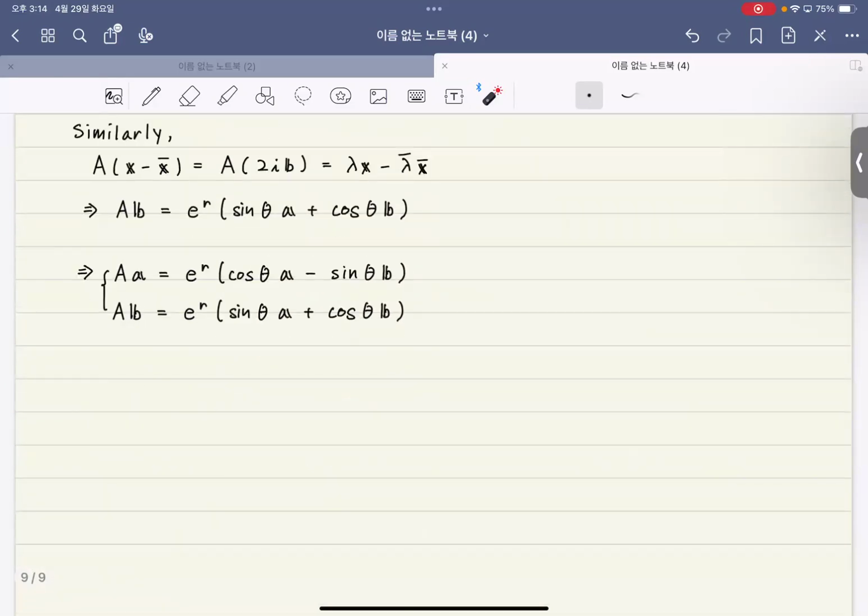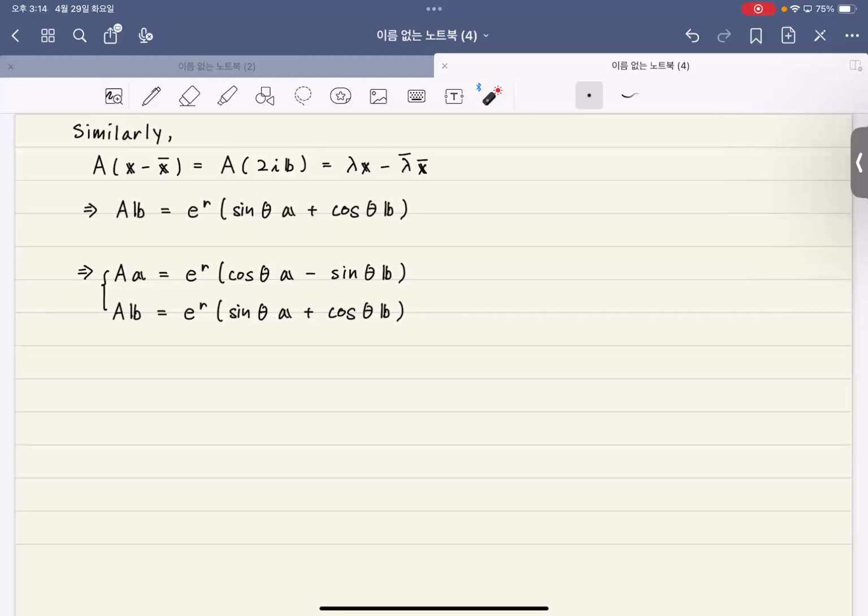And what is this? If you take a close look at these relations, then A times a is a rotated by theta radians and stretched by a factor of e to the r. And b is also rotated by theta radians and stretched by a factor of e to the r.